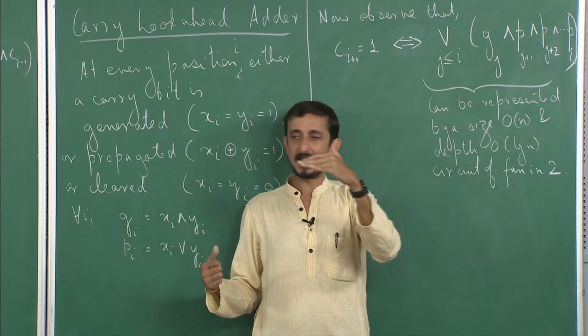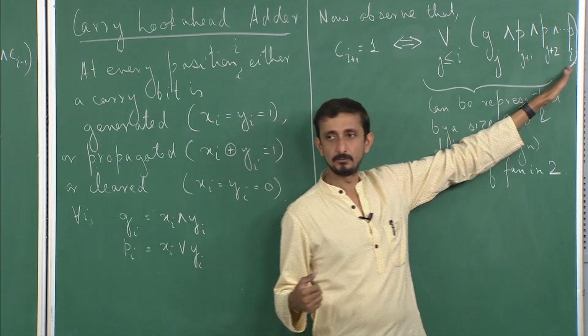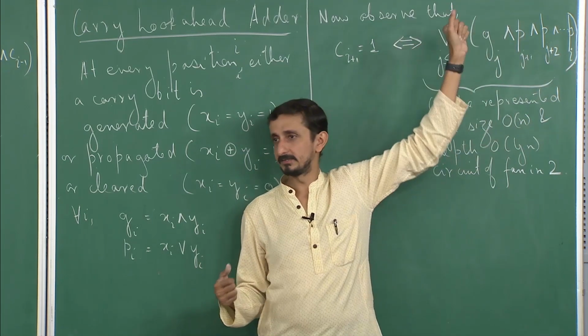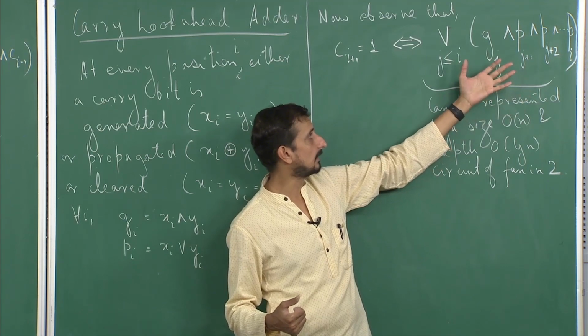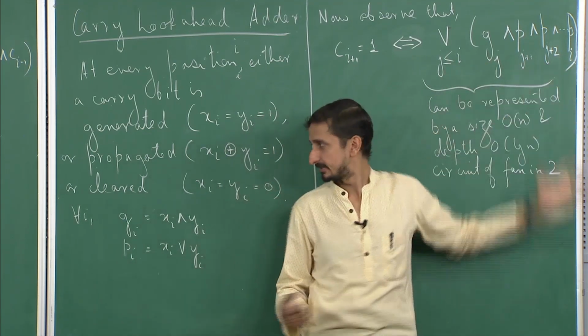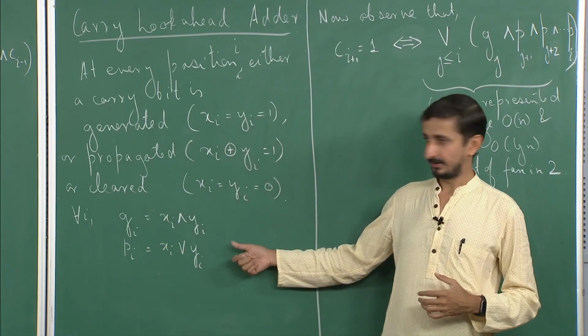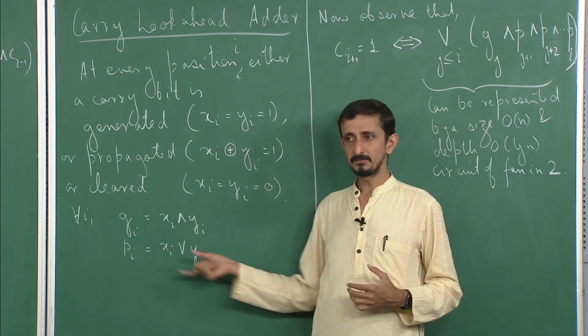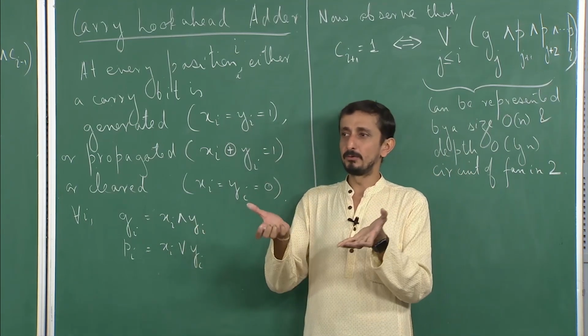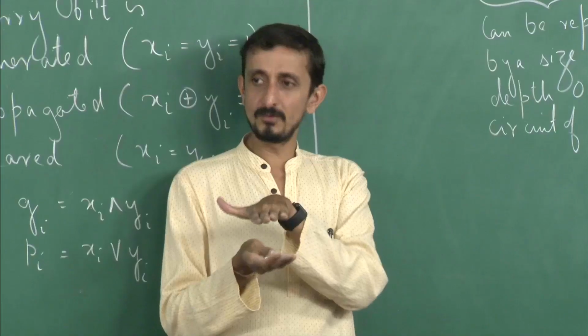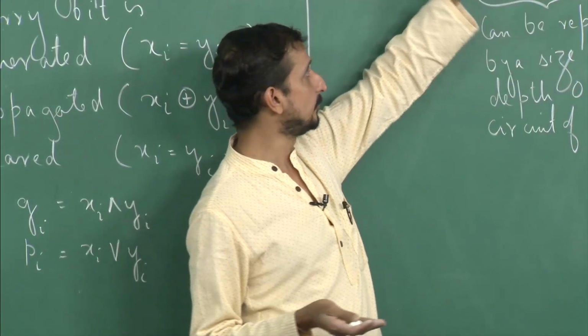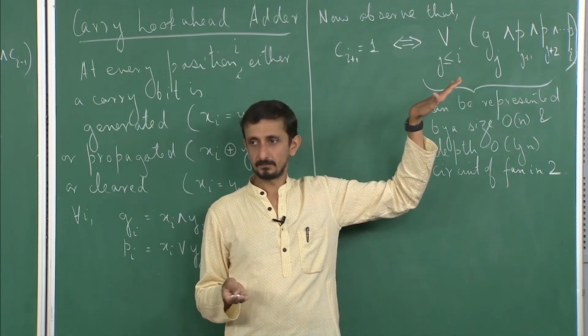You need just one AND gate with all these gates feeding into it, and one OR gate with all these gates feeding into it. And how do you compute these Gj's and Pj's? That is given exactly over here. So, these are the inputs xi and yi's. Using this you can compute them, okay. So, basically by a depth 4 circuit of unbounded fan-in, you can compute any Ci, right.